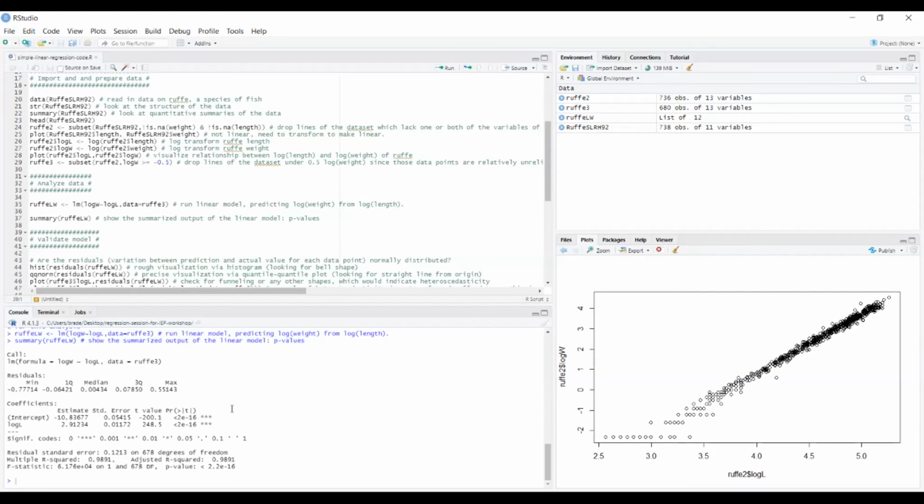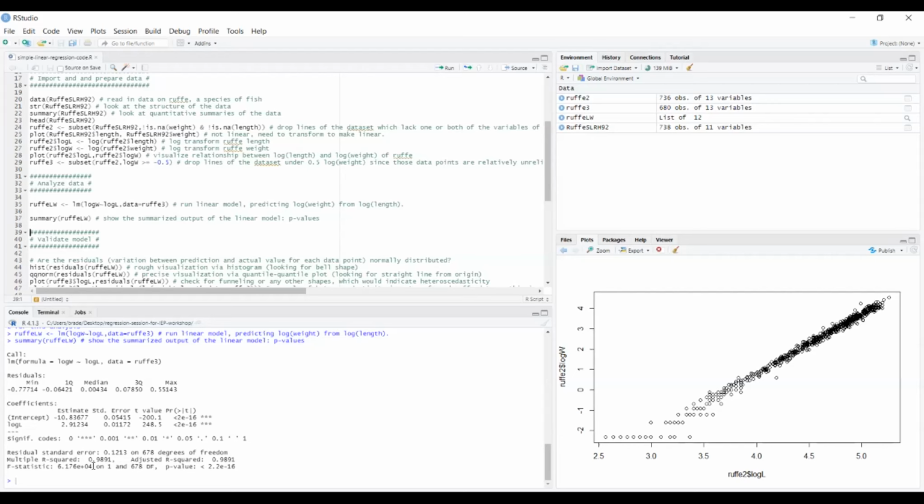But the predicted response, or you might see it written as Y with a hat on it sometimes, would be negative 10.8-ish plus 2.9-ish times the value of your predictor at that moment.